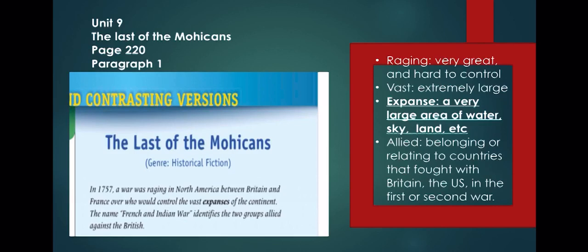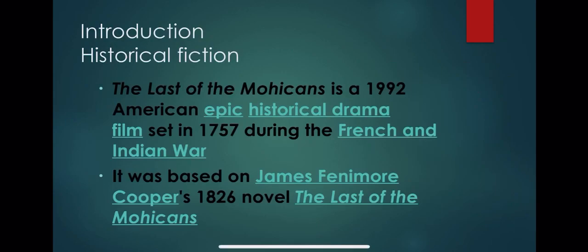Okay. Now let's move to something I'm going to introduce for you. As I said, this is a historical fiction. So The Last of the Mohicans, actually it is a film. It was set in 1757 during the French and Indian War against Britain.